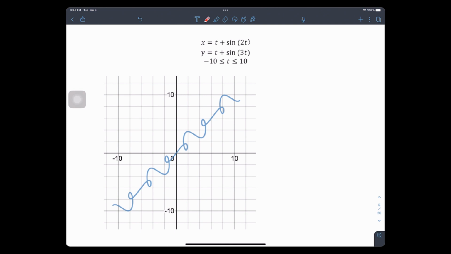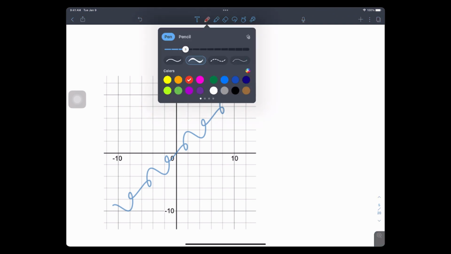And you can probably find, again, the orientation of that curve. So if I plug in -10 here, -10 here, sine of 20, well, sine is between -1 and +1. So it's not going to change that much.